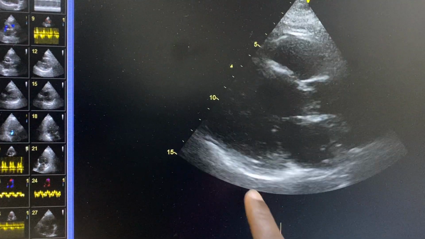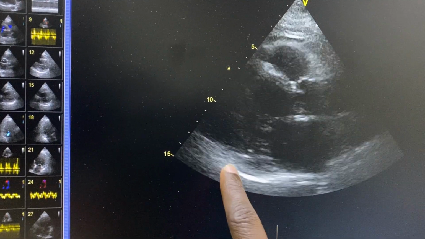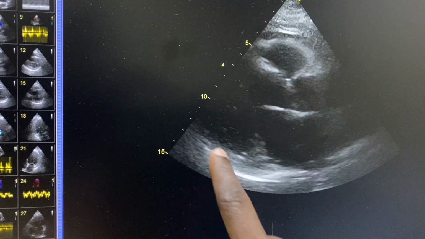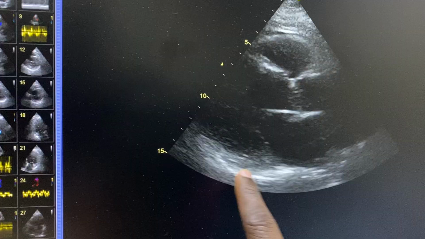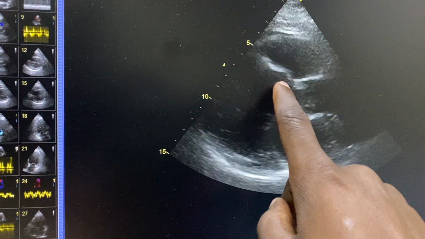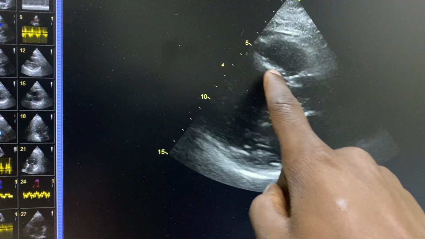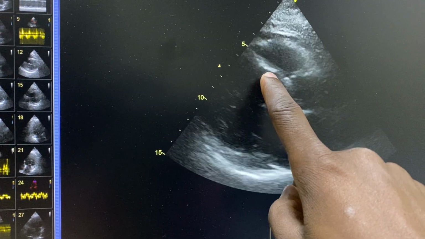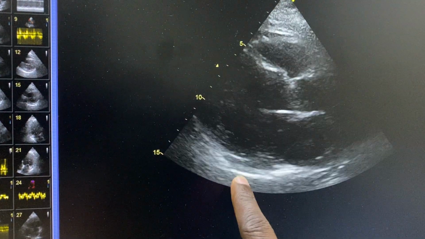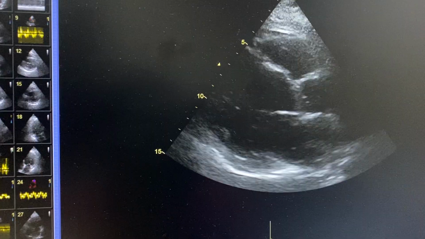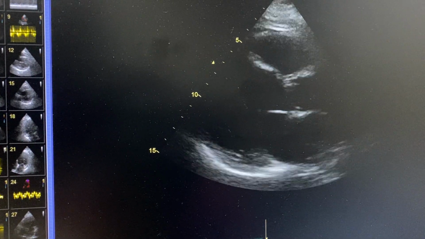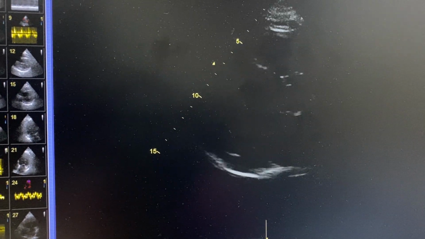And again, when you look at it, this is the pericardium here. It should be bright as it is, but now see the septum here, this particular part, it is as bright as the pericardium. If I try to reduce the brightness or the gain, it will still be bright.